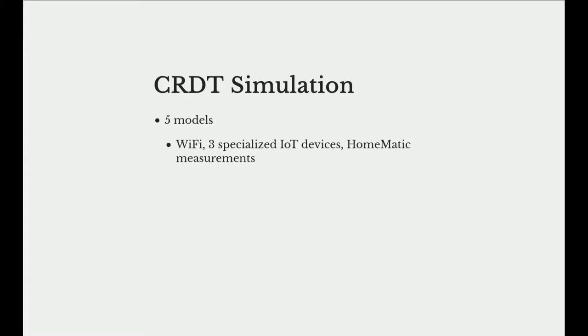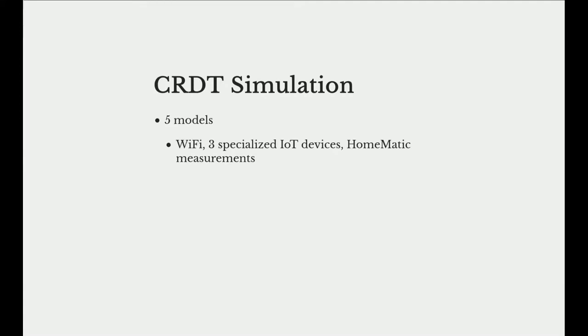Then we have taken 3 specialized IoT devices with energy consumption measurements and performed the same simulation using that data. And last but not least, we have performed our own measurements using Homematic hardware, a popular home automation system, and have performed a simulation using this data.